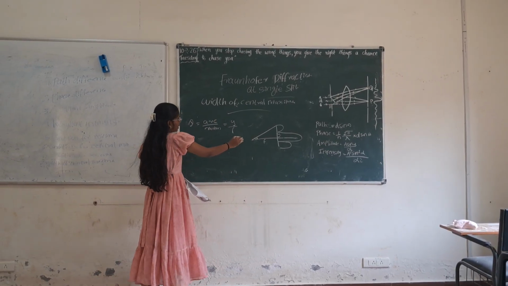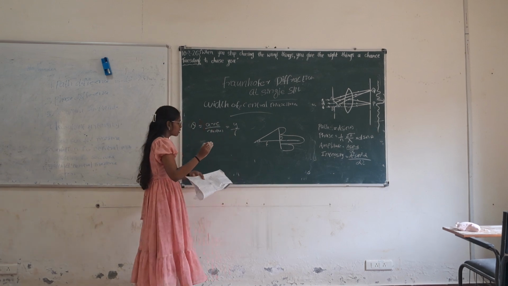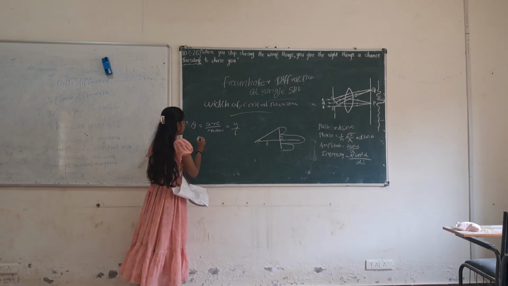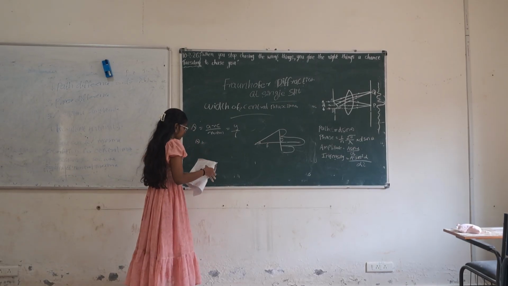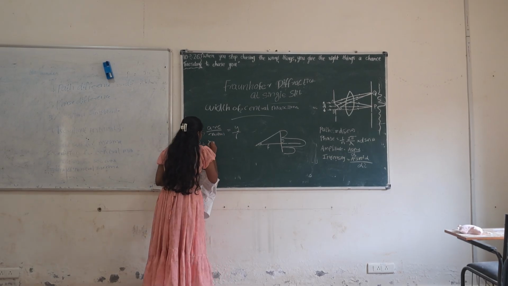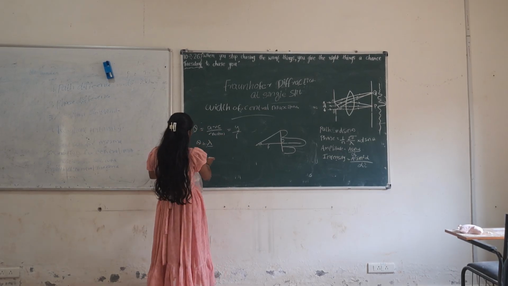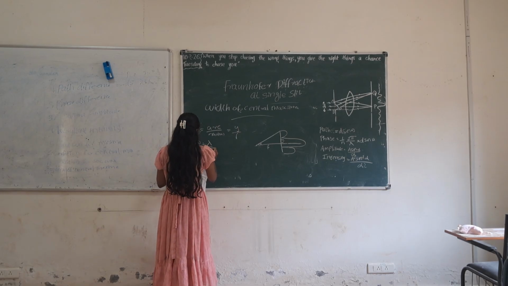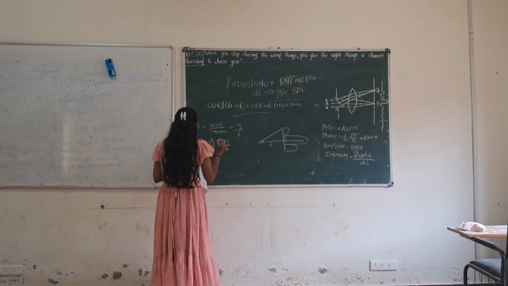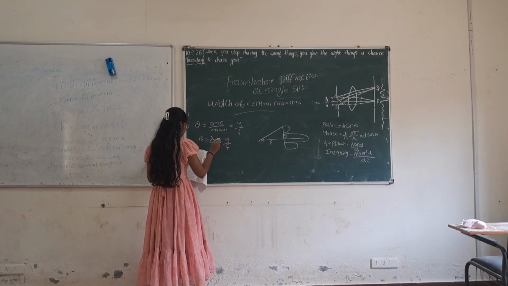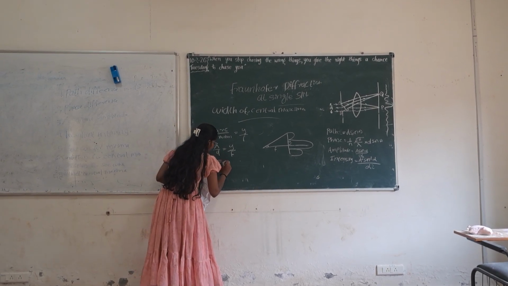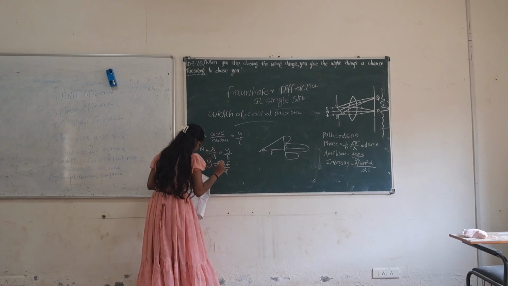The angle of diffraction theta is very small here, so we can approximate sin theta is equal to theta. Previously I wrote that theta is equal to lambda by d, and here it is y by f. So y is equal to lambda f by d.